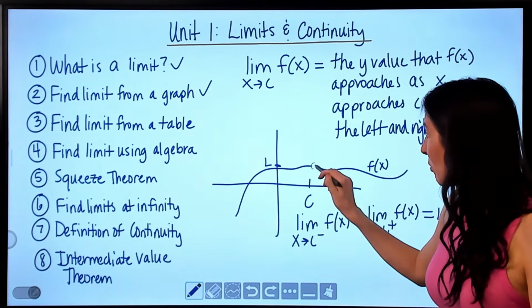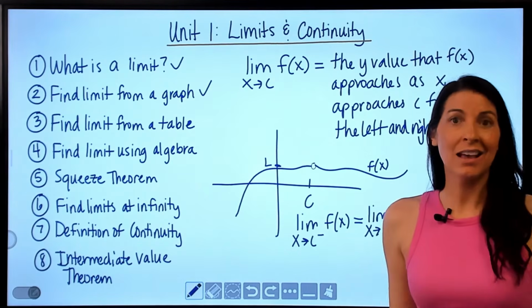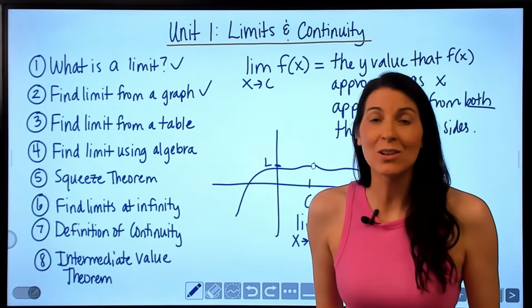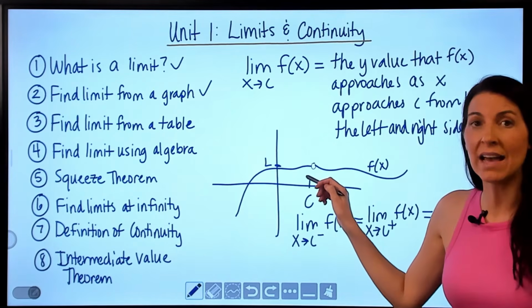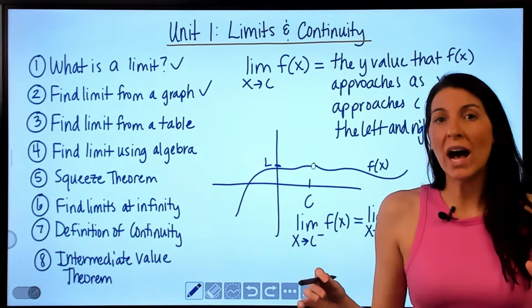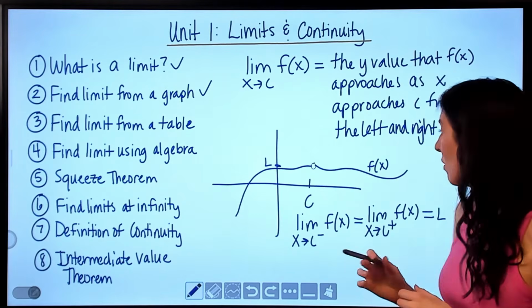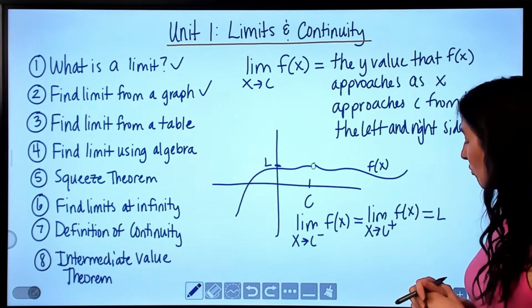Or you could be approaching a hole and then the limit would still be L. So it's not what the function equals at that c value. It's the y value that the function approaches from both the left-hand side and the right-hand side.